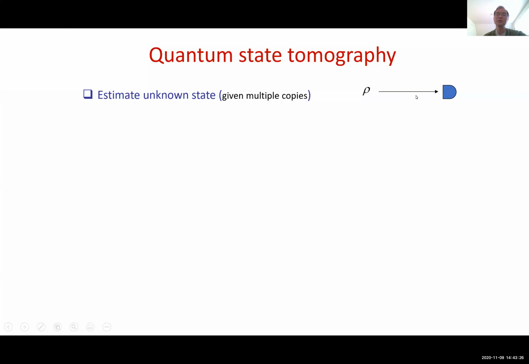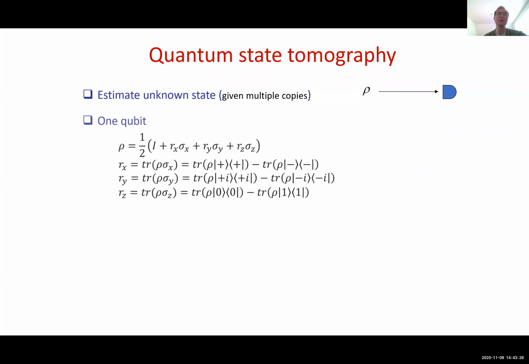So with enough statistics, you should be able to figure out what the state is. I gave you an example of 1 qubit, and it's convenient to write it in terms of the Pauli basis.